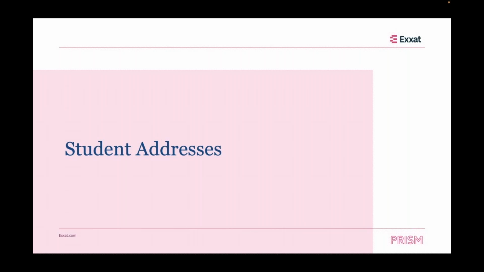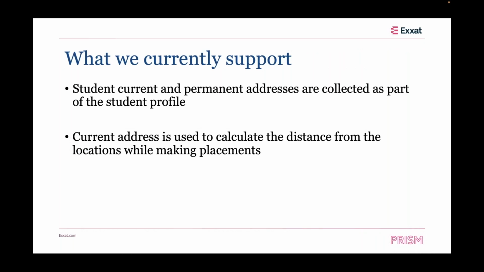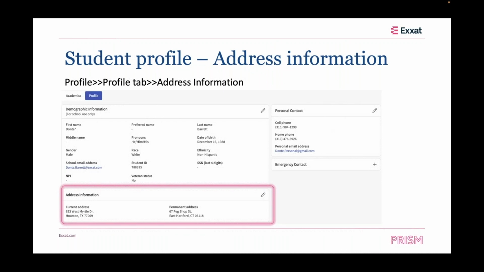Today with Prism, we are collecting the current and permanent addresses of the students as part of the student profile. I also have a screenshot for you. This is how it would look when you go into the profile tab of the student. There is an address information section, and here the student can click on that pencil and enter the current and the permanent address. So this is what we are currently collecting.